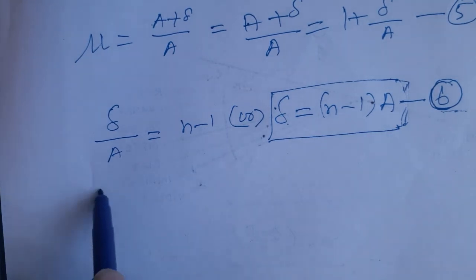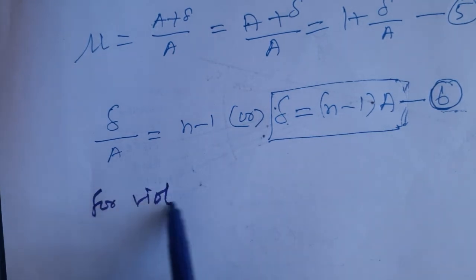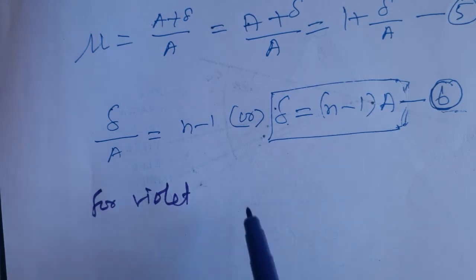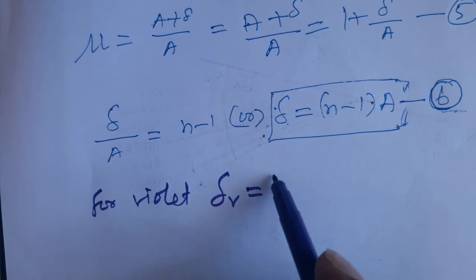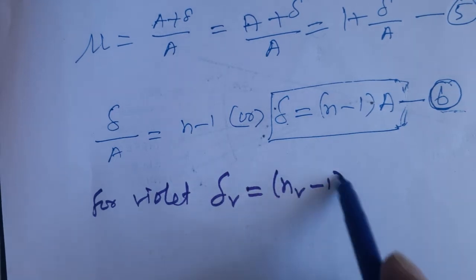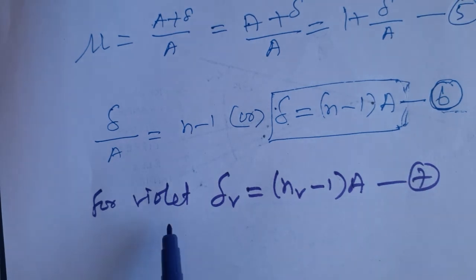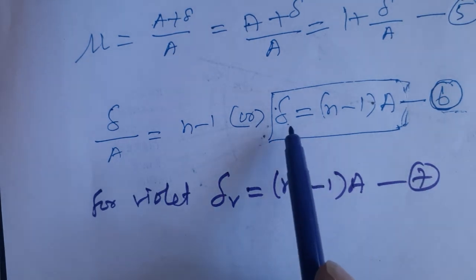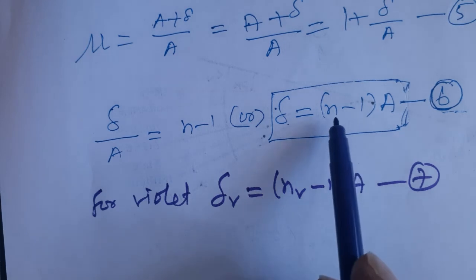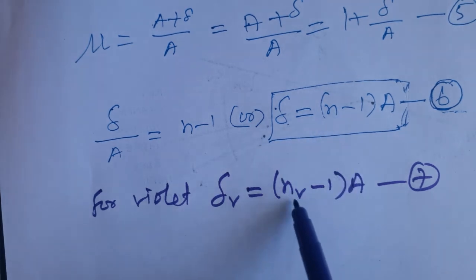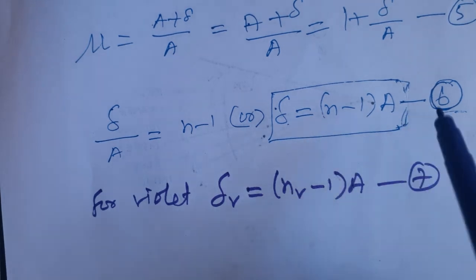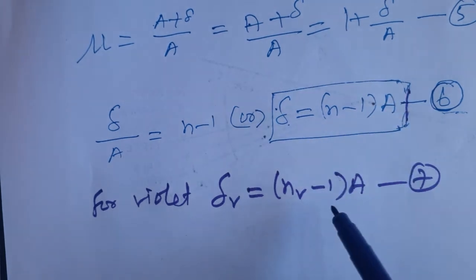For violet, delta V equal to (n of V minus 1) into A. Take it as equation number 7. For violet, in place of delta we write delta V, and in place of n we write n V, the refractive index of violet. Then the general equation is modified for this color.